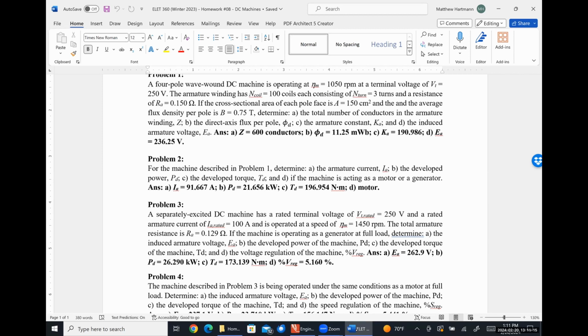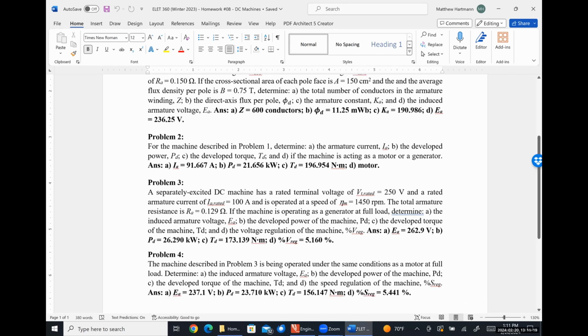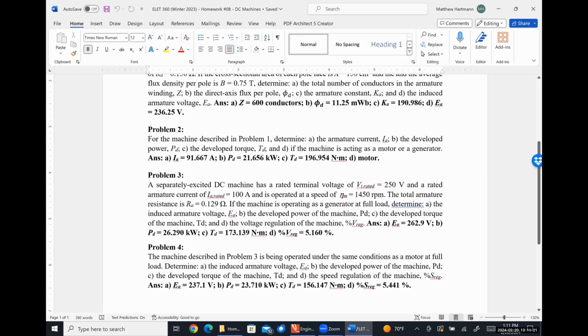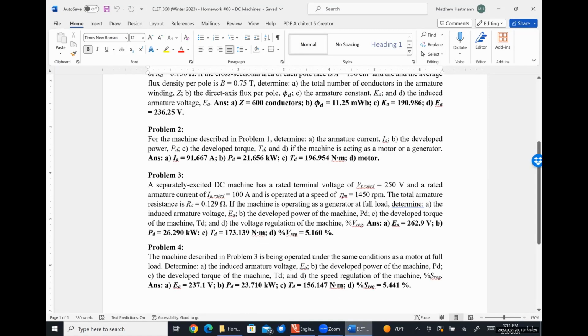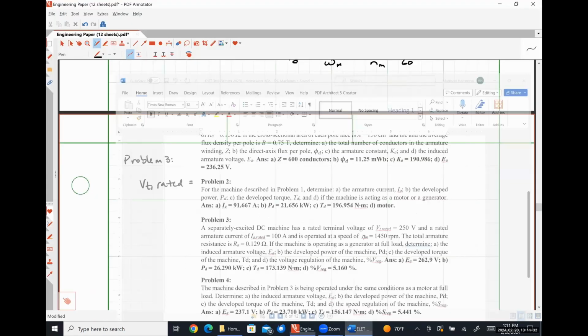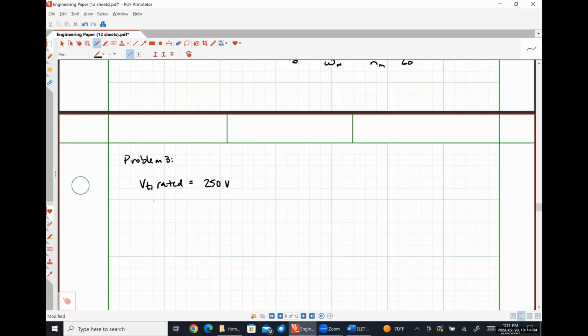Okay. So we've got a separately excited machine. Let's write some of this stuff down. Let's maybe throw some numbers at this. So VT rated was 250. IA rated was 100 amps.